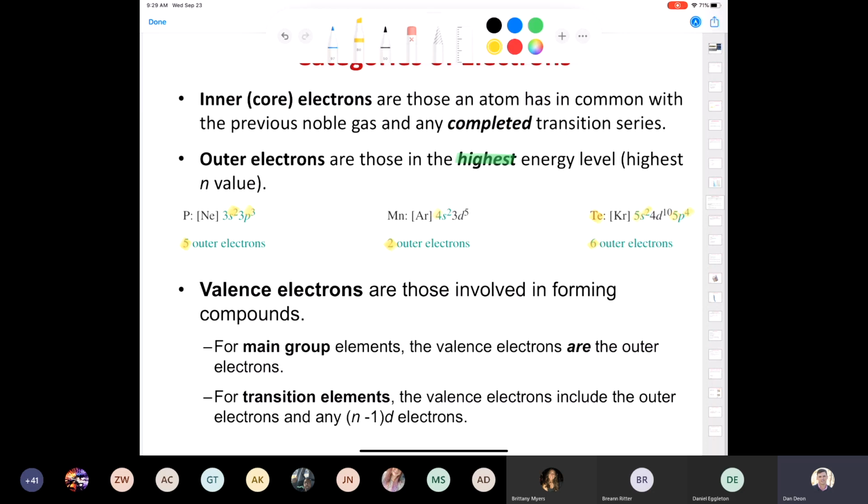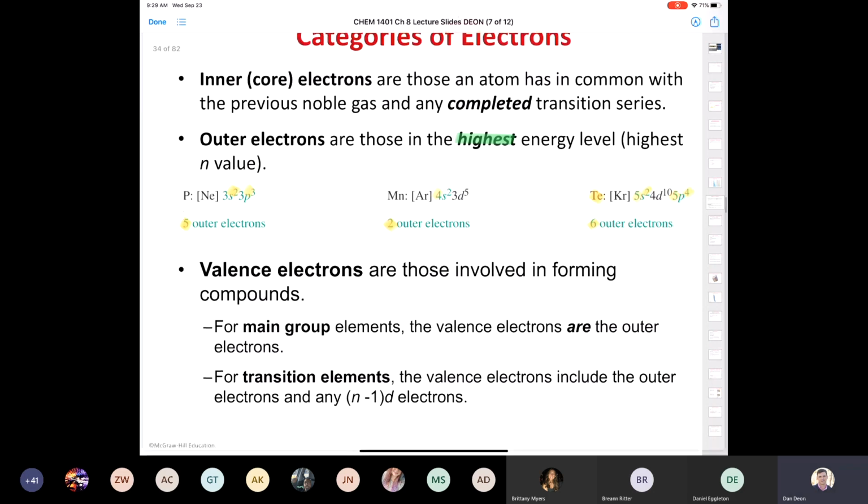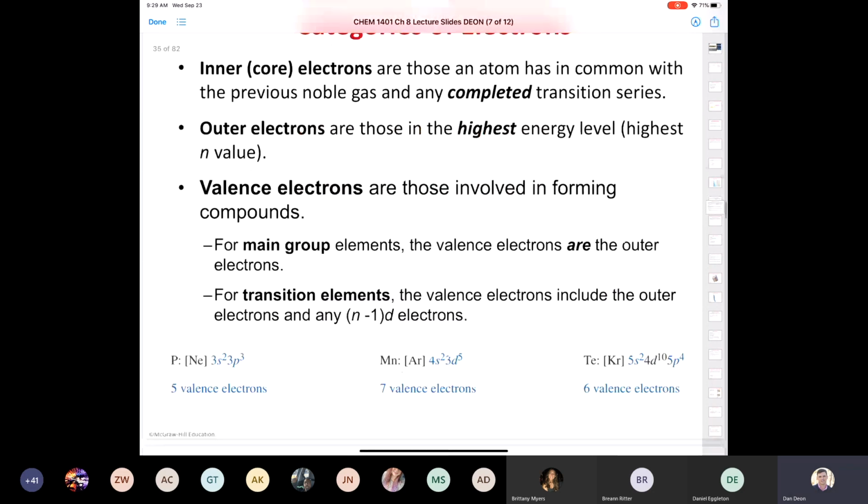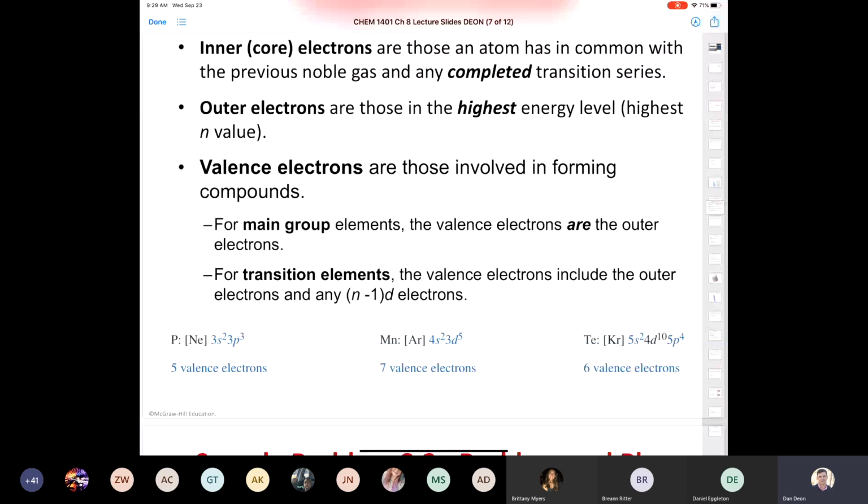Now, with valence electrons, it's kind of interesting because you have to consider there are 2 different definitions. There are valence electrons for main group elements, the A group elements, and then for transition metals or transition elements, there's a sort of a nuance to the rule.